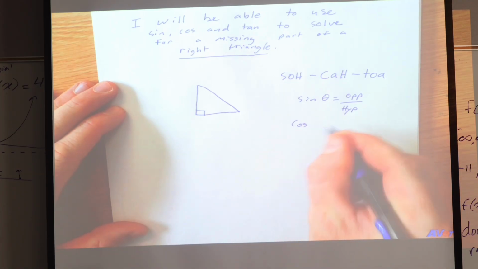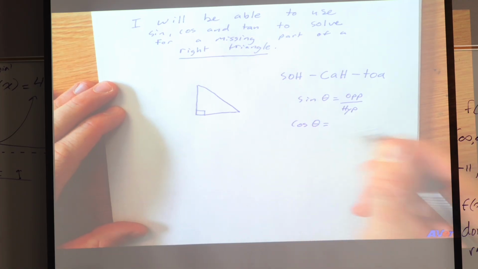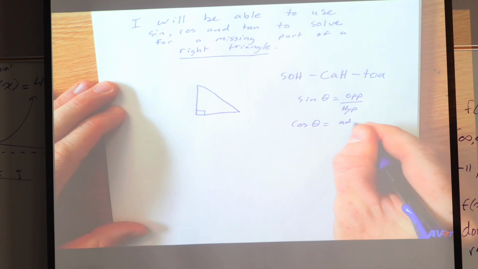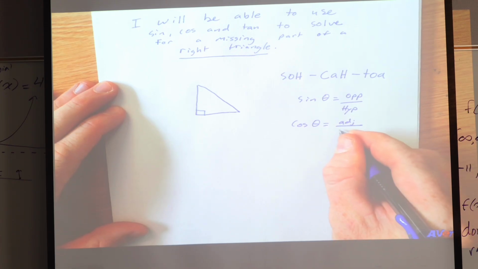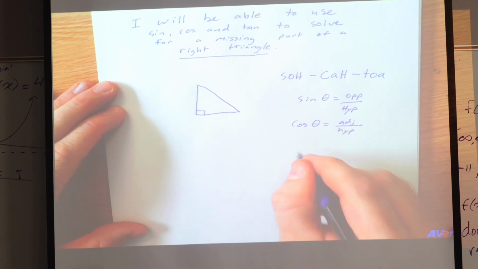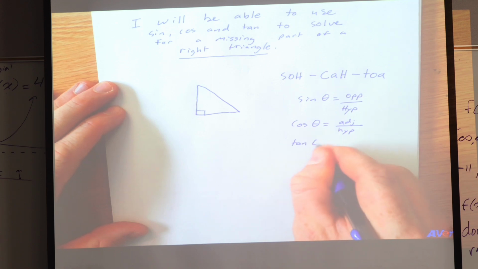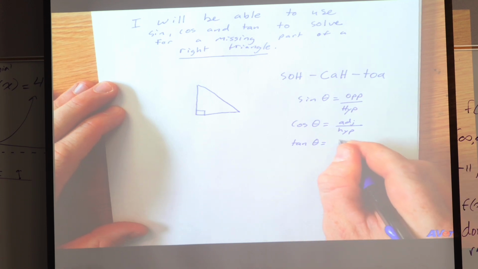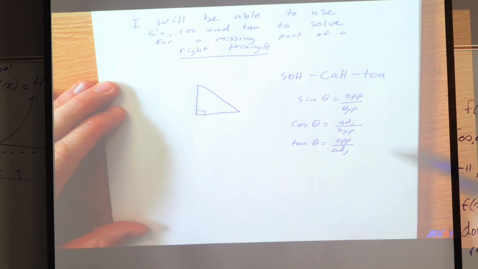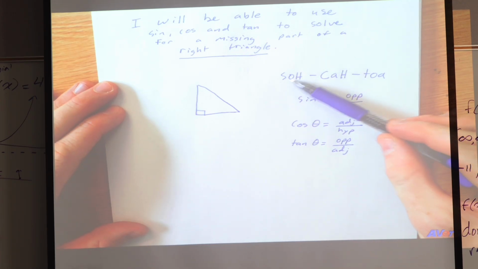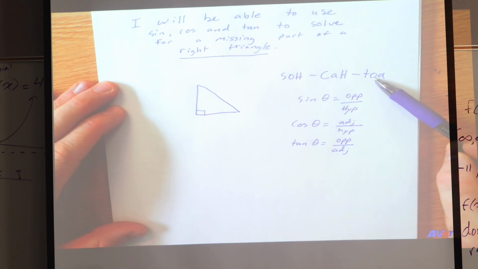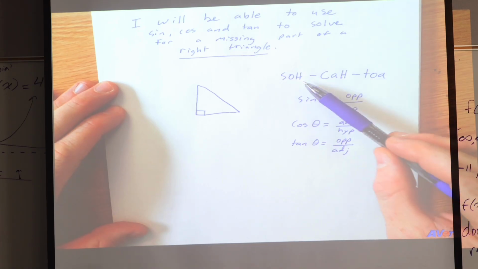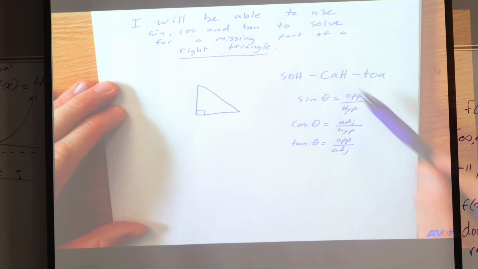Cosine of theta is going to equal adjacent over hypotenuse, and tangent of theta is going to equal opposite over adjacent. Now notice it goes in order, top to bottom, top to bottom, top to bottom. Opposite over hypotenuse, adjacent over hypotenuse, opposite over adjacent.